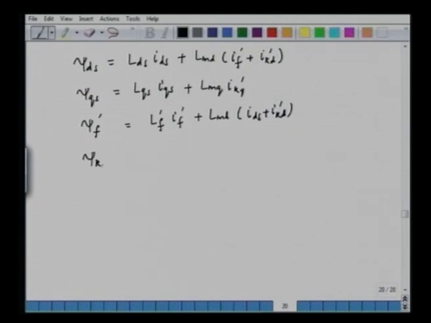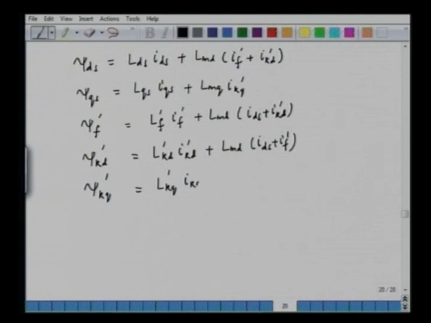The flux linkage in the d axis damper is equal to LKD prime IKD prime plus LMD into IDS plus IF prime, and the flux linkage in the q axis damper referred from the primary side is LKQ IKQ plus LMQ into IQS.